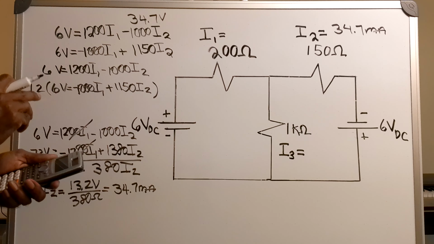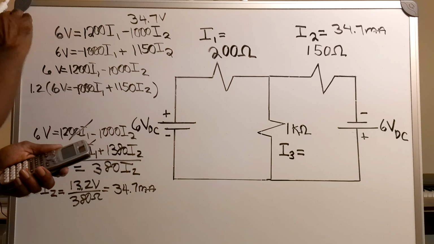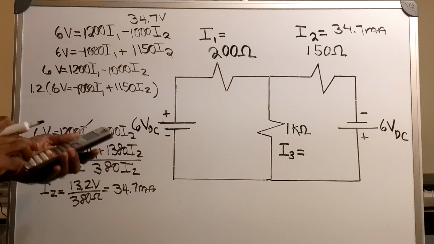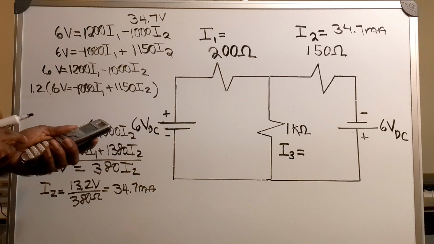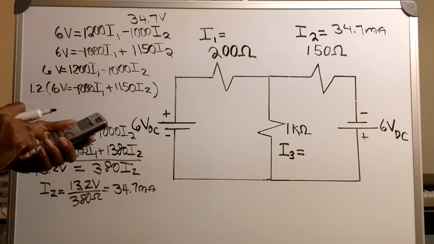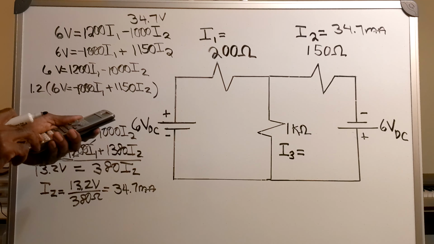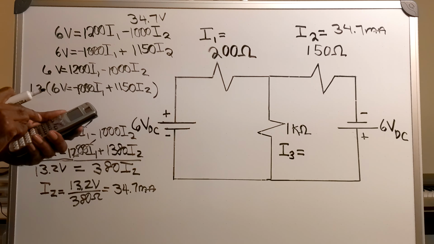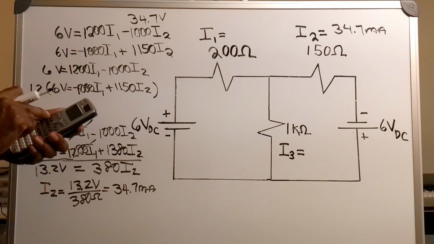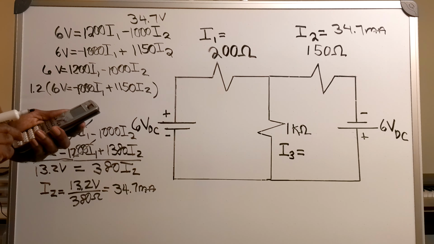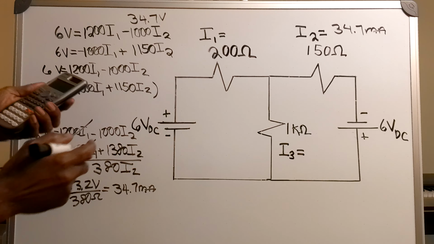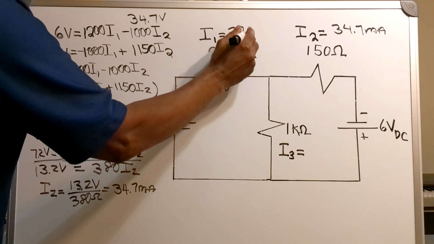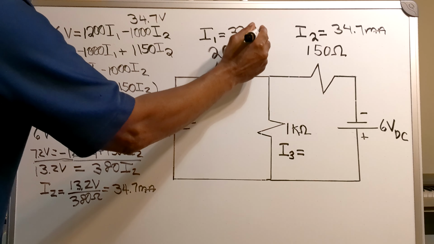So now I will take this whole formula and plug it into my calculator. And that gives me a current of 33.9 milliamps.